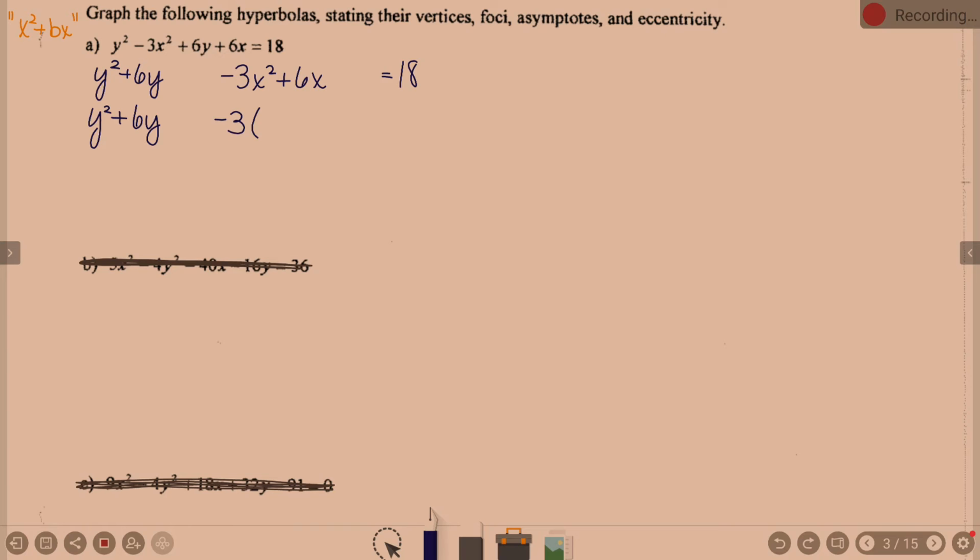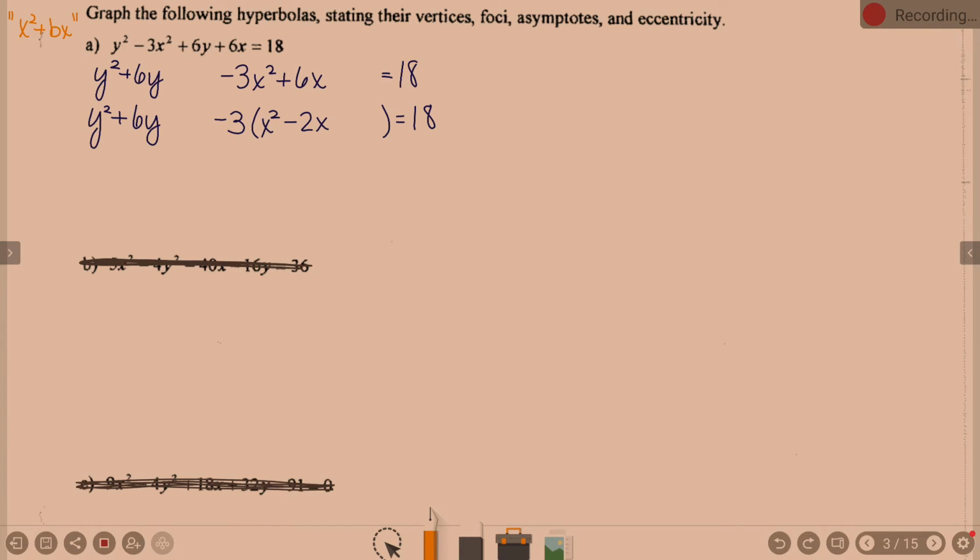When I factor out minus 3, what's that leave me with? X squared minus 2x, because I'm factoring out a negative there. If you don't factor out a negative, you have a negative x squared in our completing the square, which, yuck.